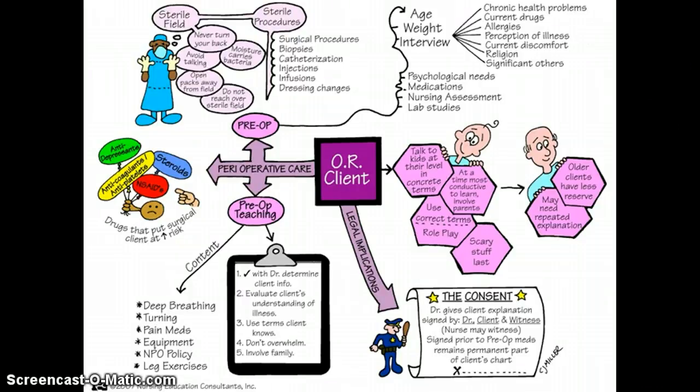Right below there, we talked about the psychological needs. We also need to consider their medications. What medications are they on currently? That is going to determine what preoperative labs they need to have, what preoperative x-rays, maybe chest x-rays, EKGs. I'm going to talk about those types of things as we work through this operative period.